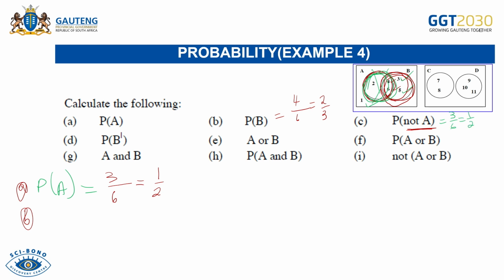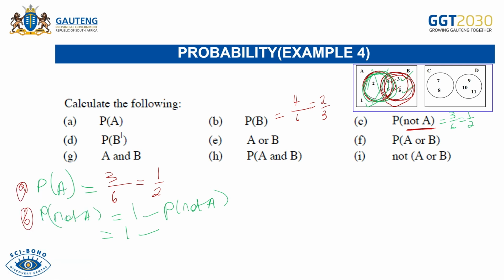Or you can also say the probability of not A is 1 minus the probability of A, which is 1 all over 2. So you can also write it as 1 minus the probability of A. I made a mistake.